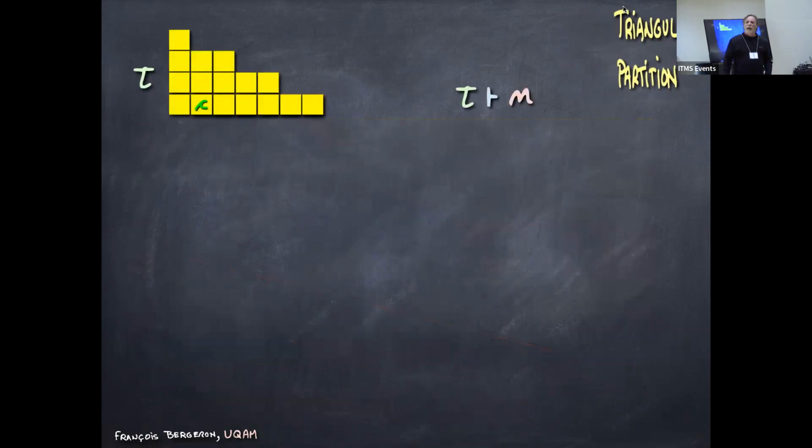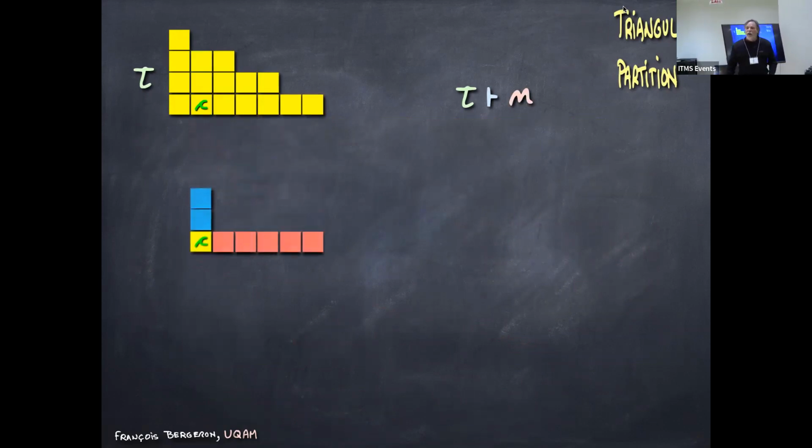So let's pick a partition like this. I want to check that this is triangular. So what I'm going to do, I'm going to look at all the cells in the partition and do a small computation. So you take the hook of the cell in tau.